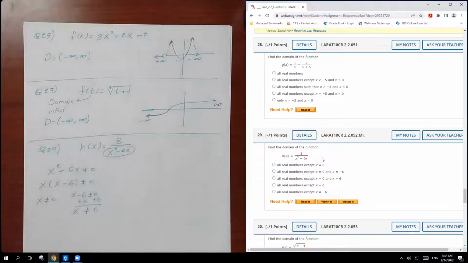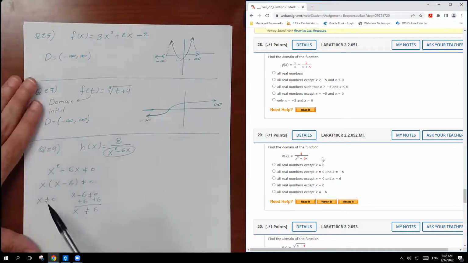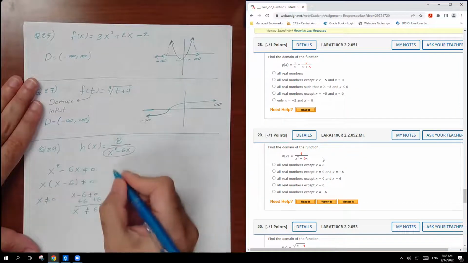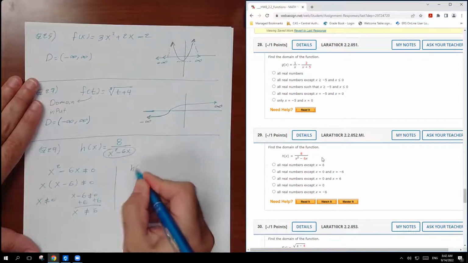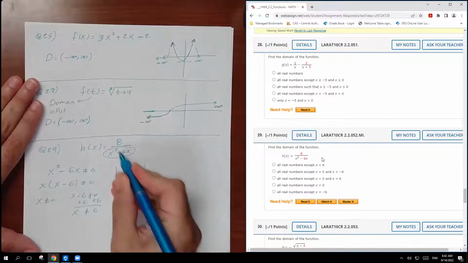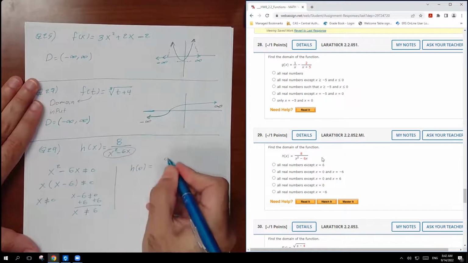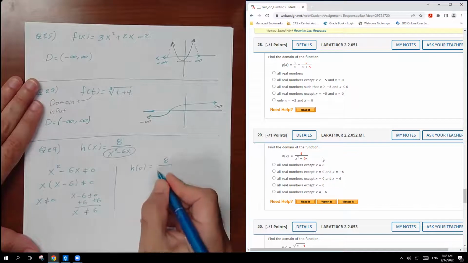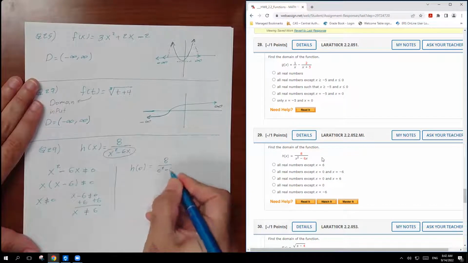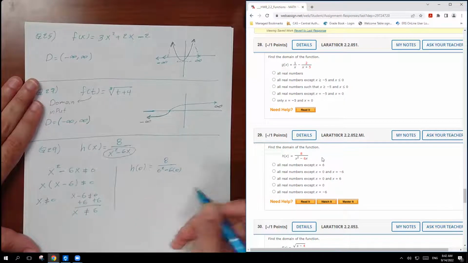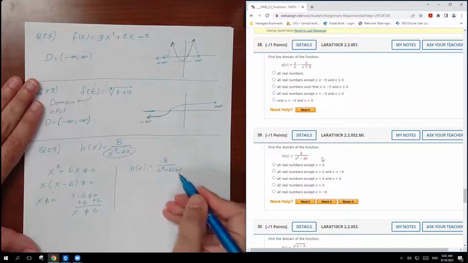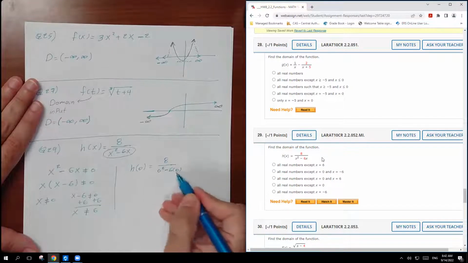Why? Let's check that. If you plug in 0 here, if you said h of 0, that means I'm going to plug in 0 here. So it's going to be 8 over 0 squared minus 6 times 0. 0 squared is 0, 6 times 0 is 0, 0 minus 0.